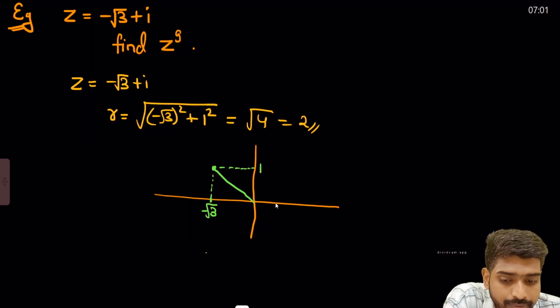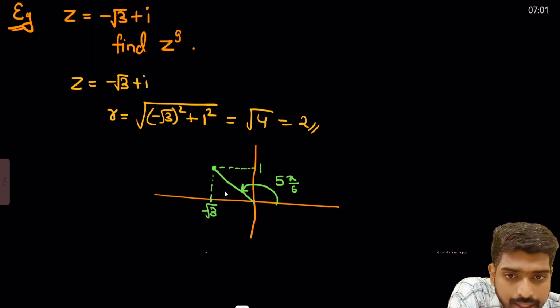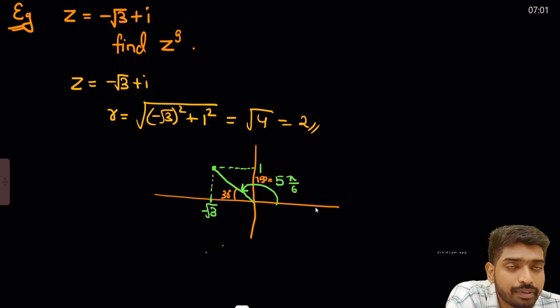What is this angle? This angle is 30 degree, so this angle will be 150 degree, or 5 pi by 6.